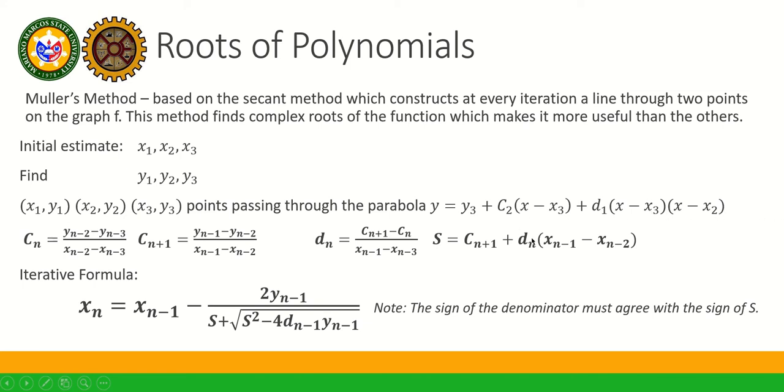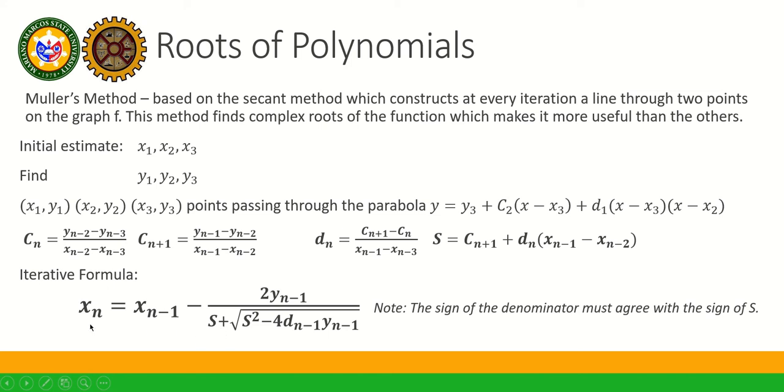Okay. So, yung gagamitin natin na formulas will be c sub n plus 1, d sub n, and s. Okay, so kailangan muna nating hanapin to isa-isa before tayo mag-proceed sa ating iterative formula.